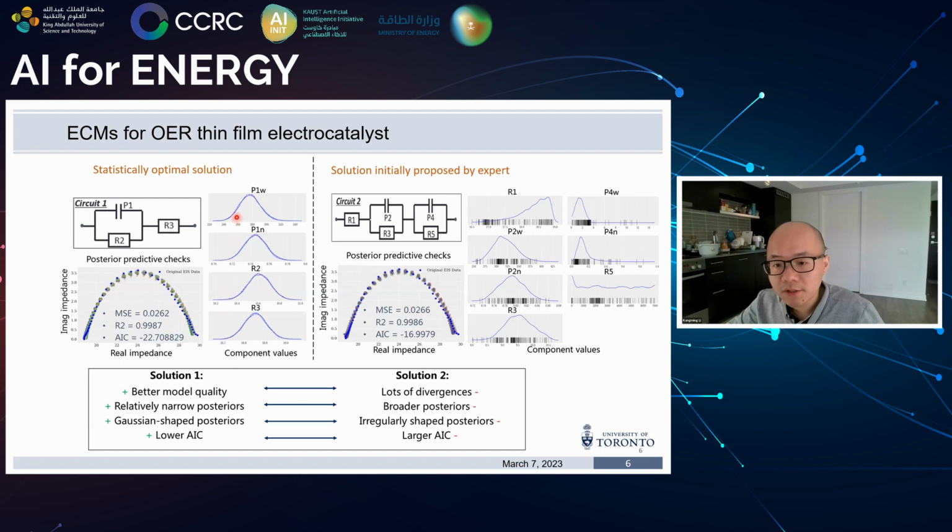Furthermore, the statistically optimal solution has a relatively narrow and Gaussian-shaped distribution of the component values, which are statistically preferred characteristics and may also be more physically reasonable, whereas the distribution of the expert solution is broader, has an irregular shape, for example here, and also has some divergence, meaning that you can have equal probability for different component values.